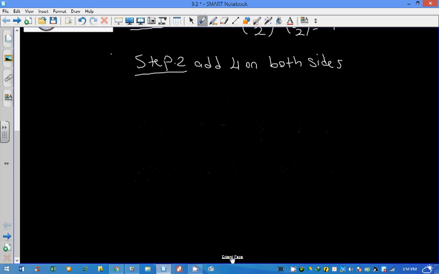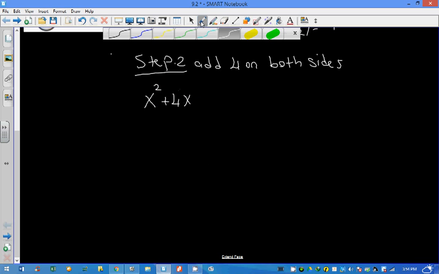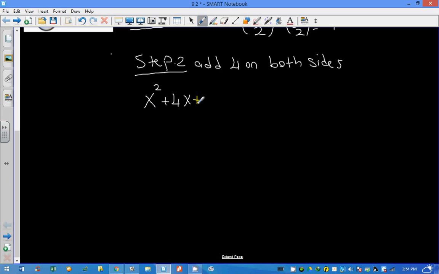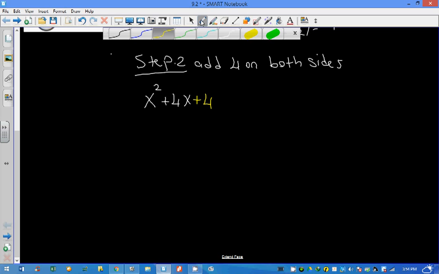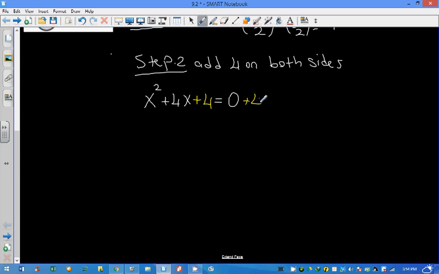When you add 4 on both sides, x squared plus 4x plus 4 equals 0 plus 4.